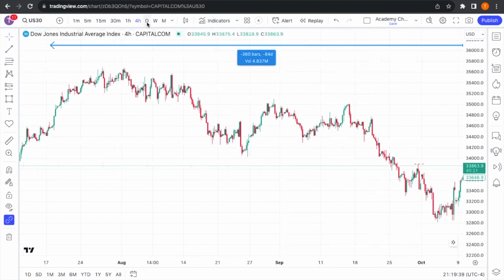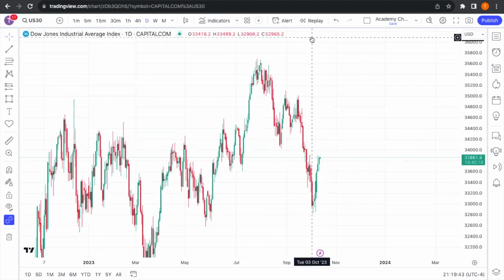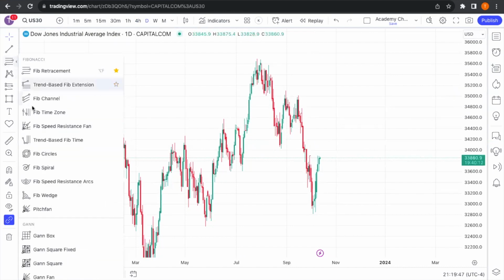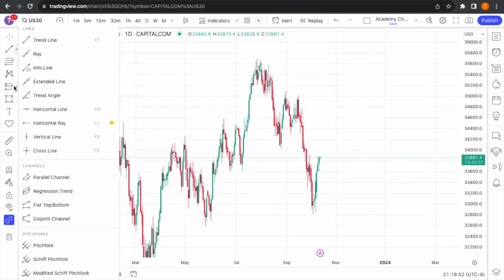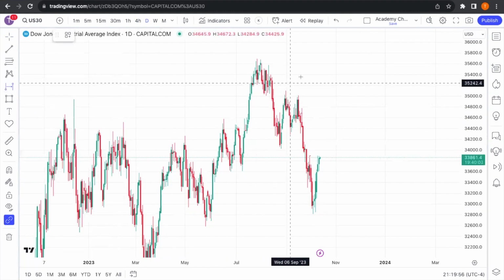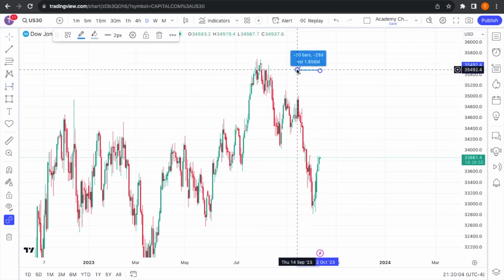And so TradingView has this cool measurement tool. So you just go over here. Sorry, I'm not that familiar with TradingView. So right here, date range, we put it on the first day, and then we'll go back minus 20 bars right there.